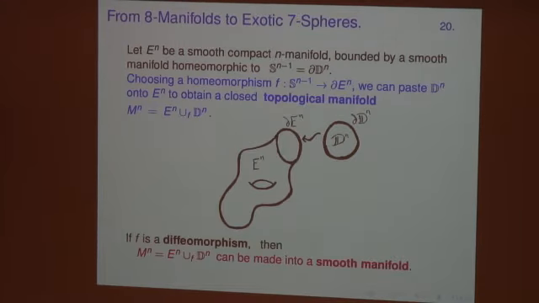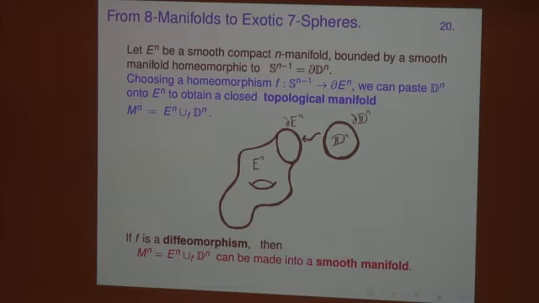So this is the way that dimensions 7 and 8 are related. Suppose we have a certain 7-dimensional manifold which we want to study.